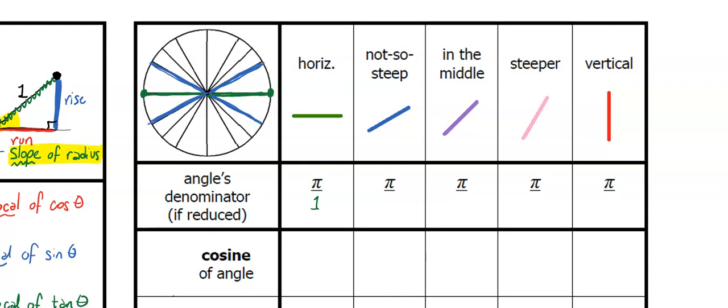Hit spacebar and pause for just a moment and see if you can remember what the denominator is for each of those blue guys. Are you back? Hopefully you remembered that this spot was pi over 6, 5 pi over 6, 7 pi over 6, and 11 pi over 6. So all 4 of those not so steep guys have denominators of 6.